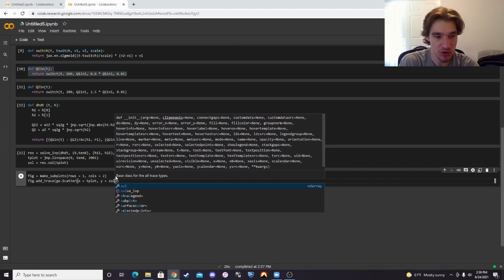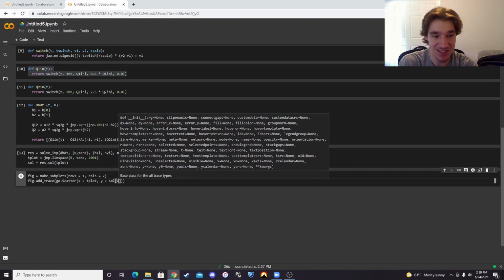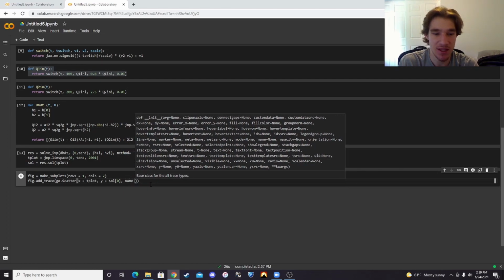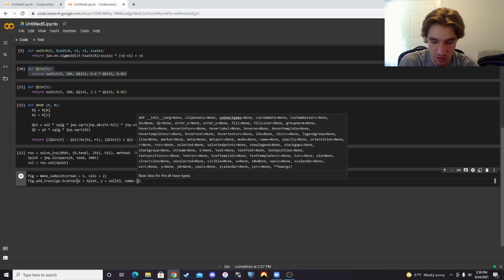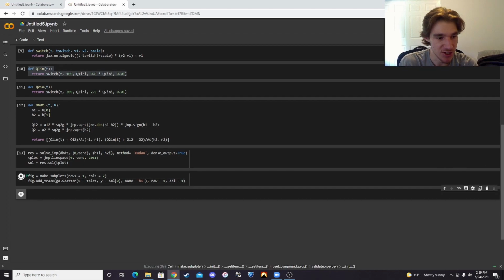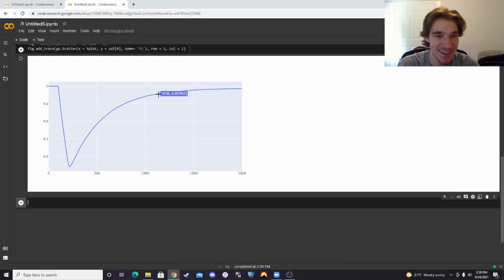Y is going to be equal to the solution of 0 index, because this is for height 1. We can also name it inside this, so we want name equal to height 1. Then outside the parentheses, we can decide what column and what row we want it in. For this, I'm just going to do row equals 1 and column equals 1 as well.